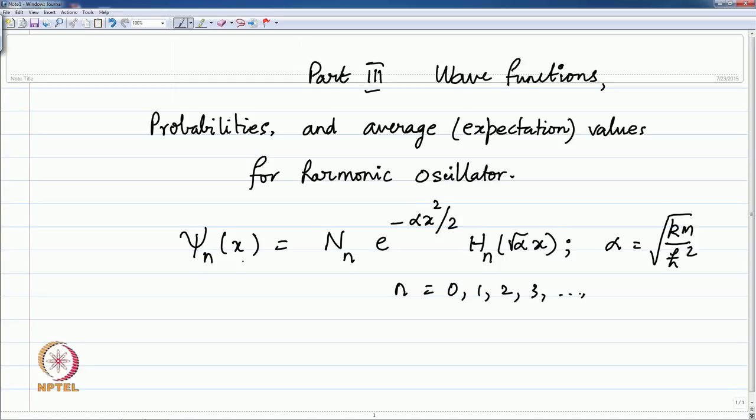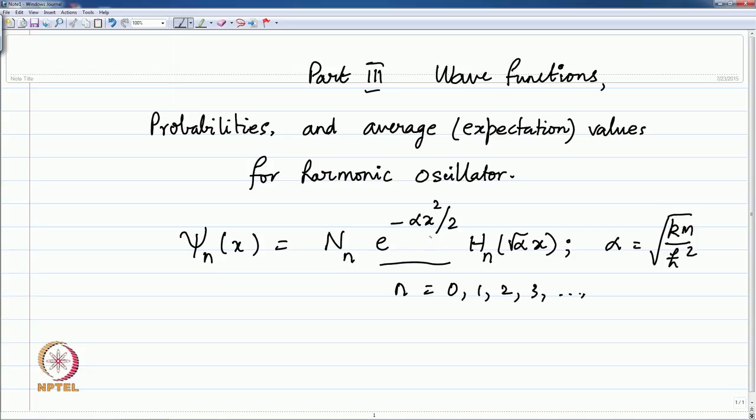The wave function psi n of x consists of two parts: an exponential, minus alpha x square by 2, where alpha is the parameter set for the harmonic oscillator. Alpha is defined here as the square root of the force constant times the mass of the harmonic oscillator divided by the square of Planck's constant. Alpha has the dimensions of 1 over length squared.